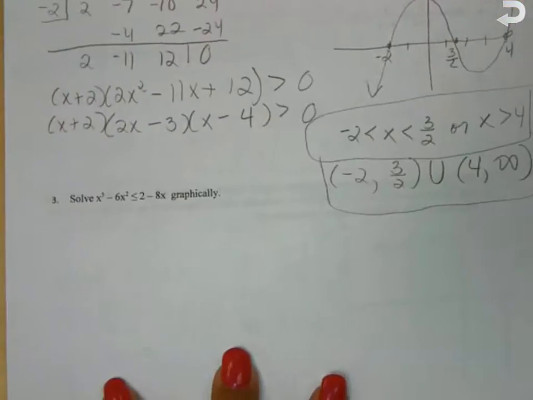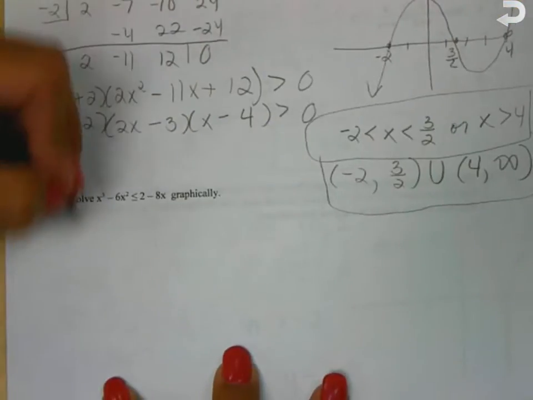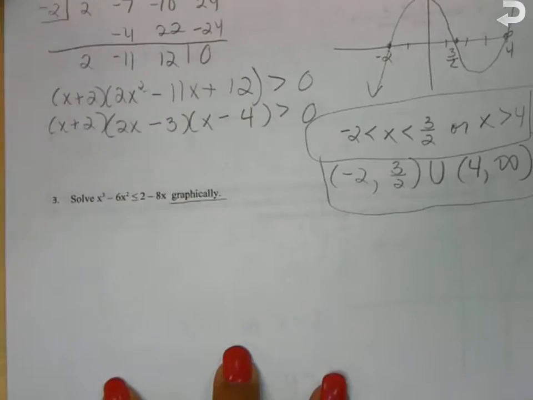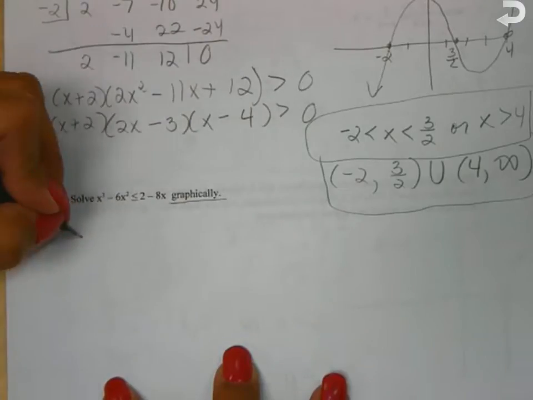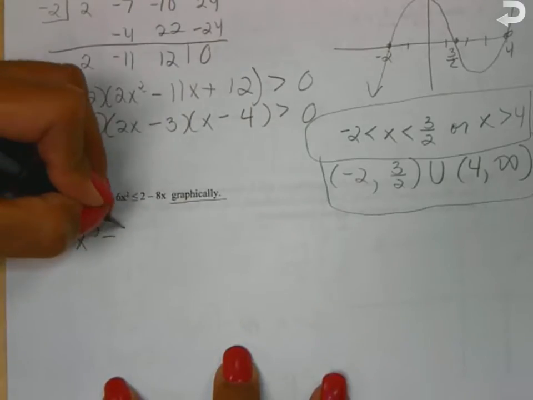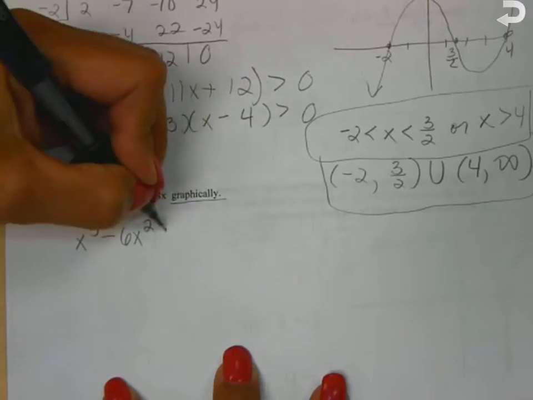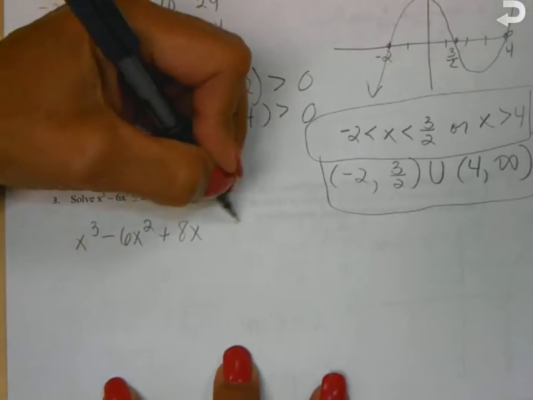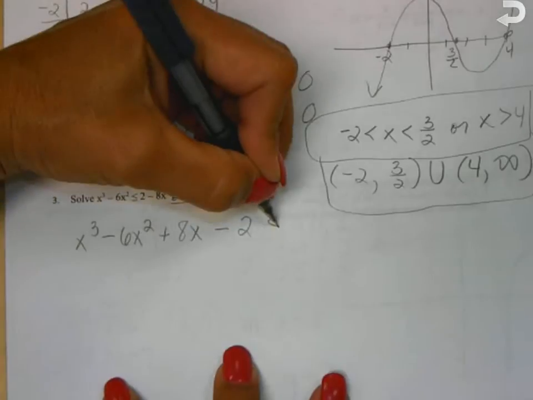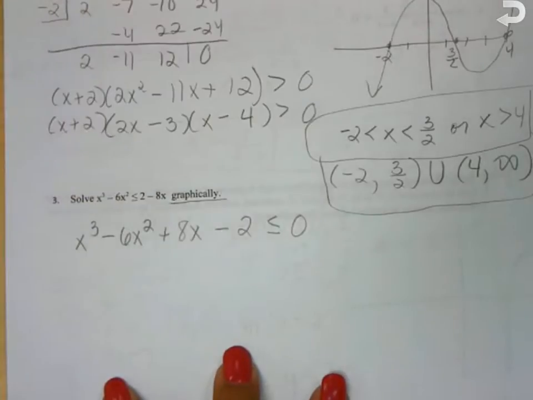Now sometimes we have inequalities that the graph is not terribly nice as far as the zeros that it has. So if I gave you this question and it says solve graphically, I would start out with putting the inequality back into a set equal to 0 form.